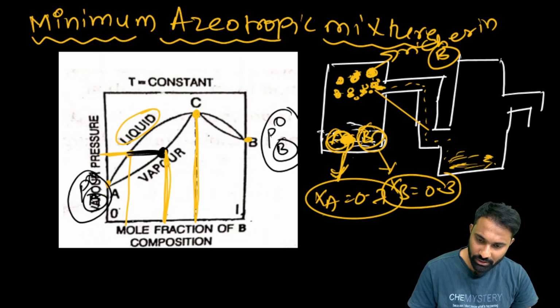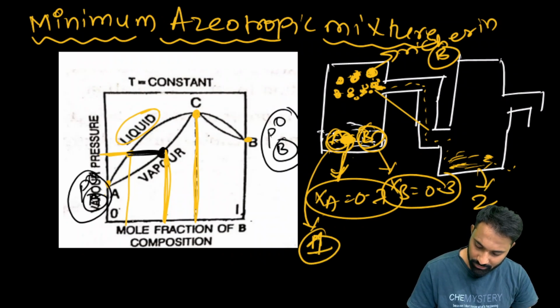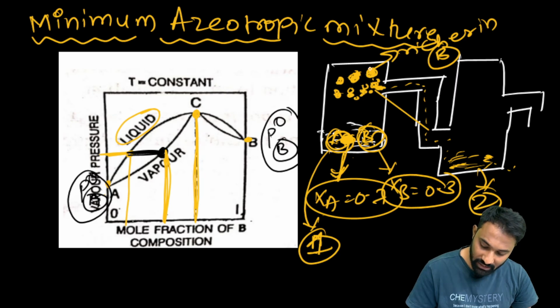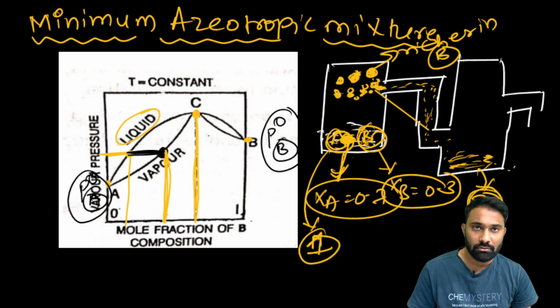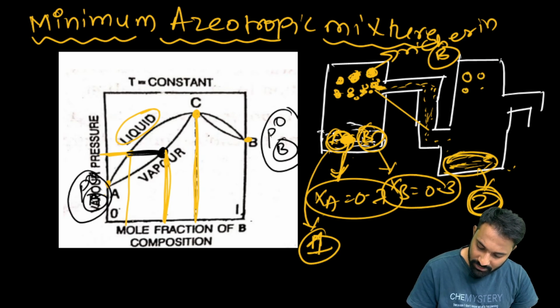Let's suppose this is one component, and now this is a second component. From A and B, we first converted into gas, then condensed it and brought it into compartment 2. Now in compartment 2, again it will be converted into vapors.